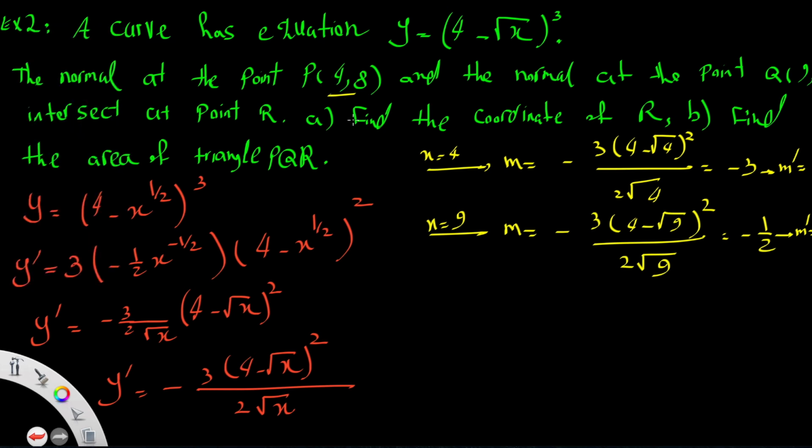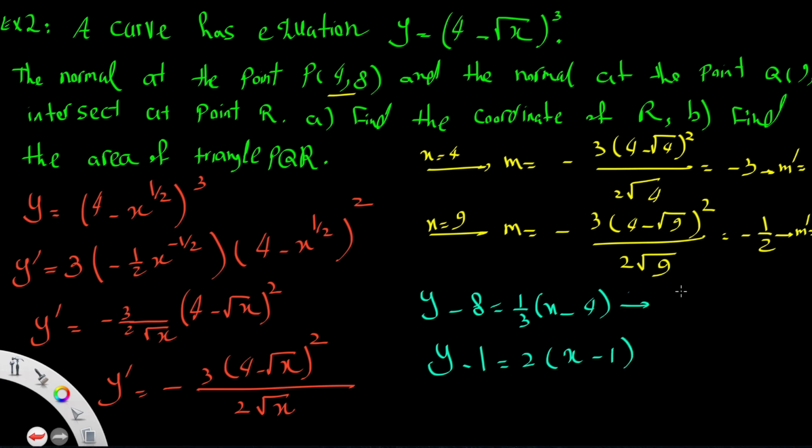So at point P, the normal will be y minus 8, which is the y coordinate, and the gradient of the normal is 1/3, x minus 4, and for the next one, y minus 1, the y coordinate, is equal to 2, x minus the x coordinate, which is 9 here.